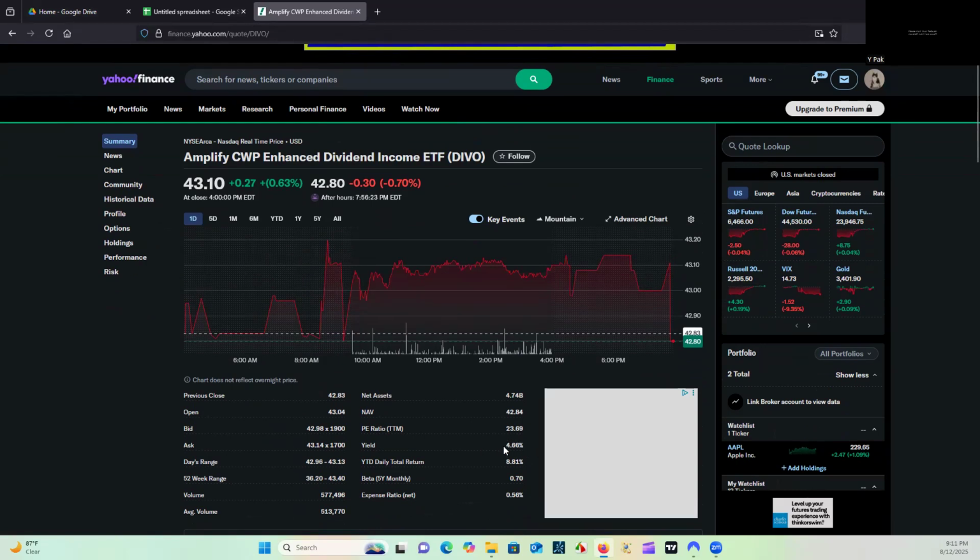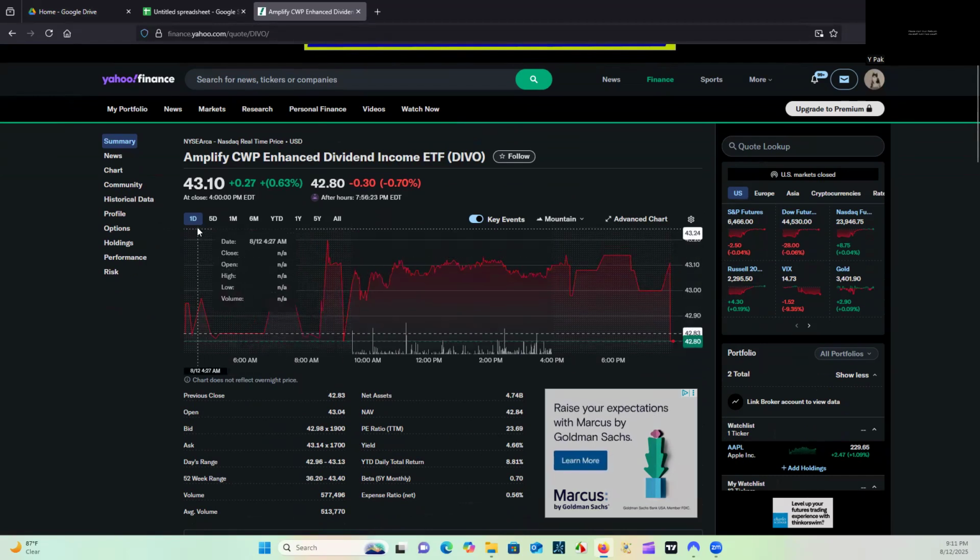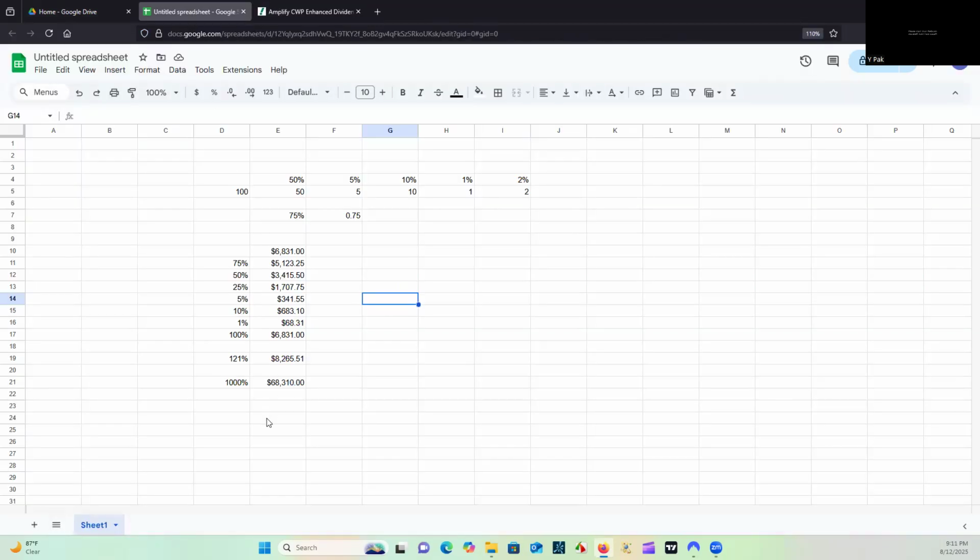But right now, 4.66% means it's going to pay you 4.66% of the money that you have in this stock. So right now the stock price is 43.10. So look at this. I said DIVO is the ticker. They call these ticker symbols.